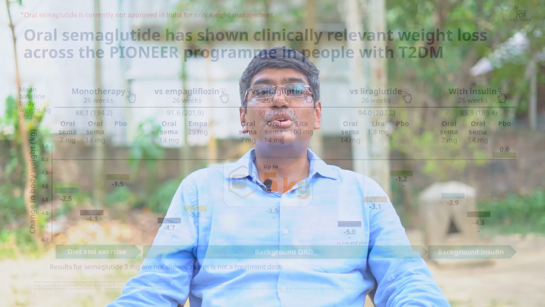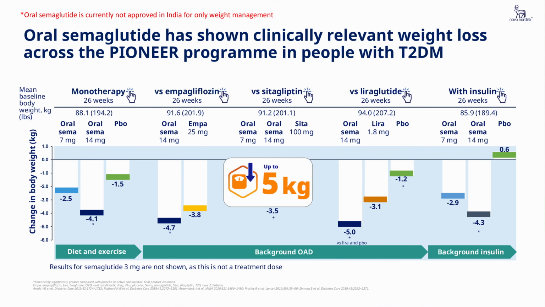So, if you look at the dose response of semaglutide, the oral semaglutide and the injectable semaglutide have almost identical pharmacokinetic properties, and you will see that in the entire PIONEER program that you are looking at, the weight loss even with oral semaglutide is pretty dramatic. Anywhere between 2.5 kg to 5 kg of weight loss happens.